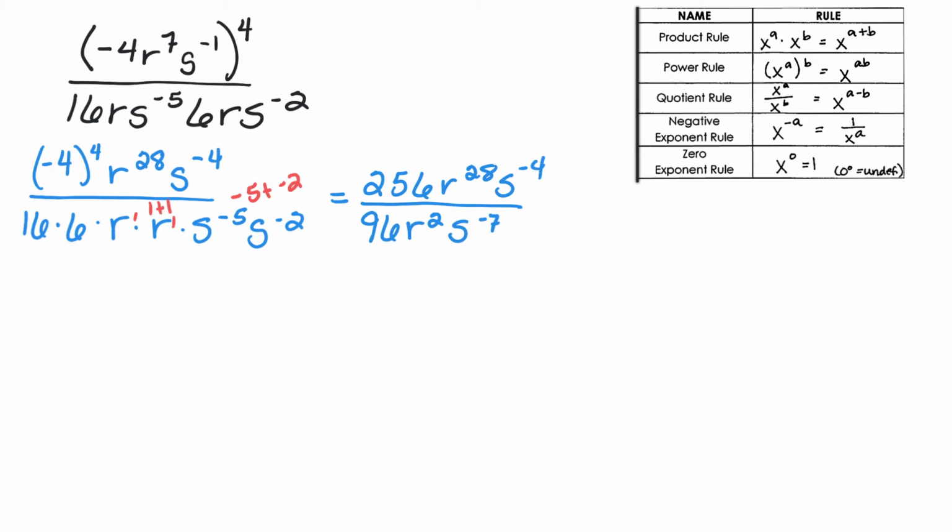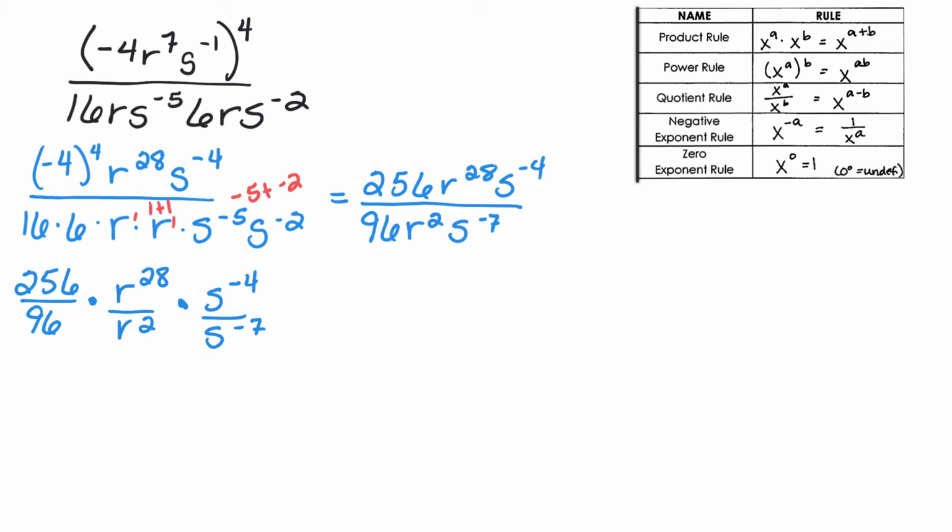Now, in order to help use the quotient rule so that we don't mess it up, we can put the numerator and denominator of the numbers and the r's and the s together. That way we can see it more clearly as to what we use the quotient rule for.